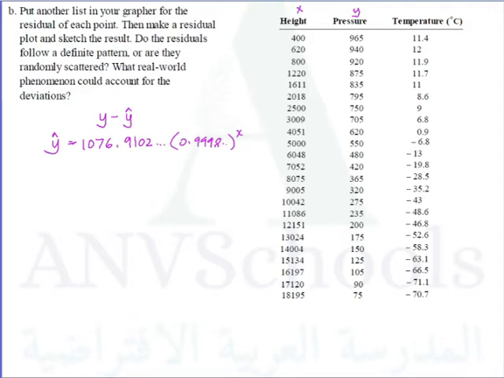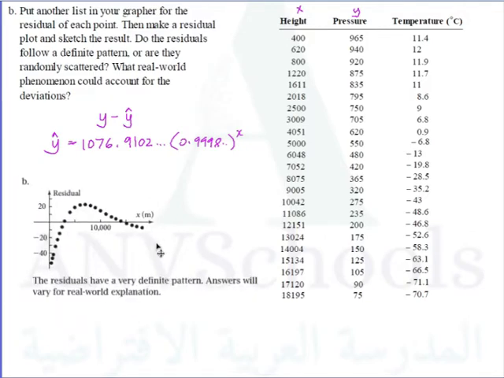So without further ado, I am just going to give you the program. Oops, that's the wrong program. So this is the graph of the residual. You can find this graph by getting all the inputs for your y minus y hat.